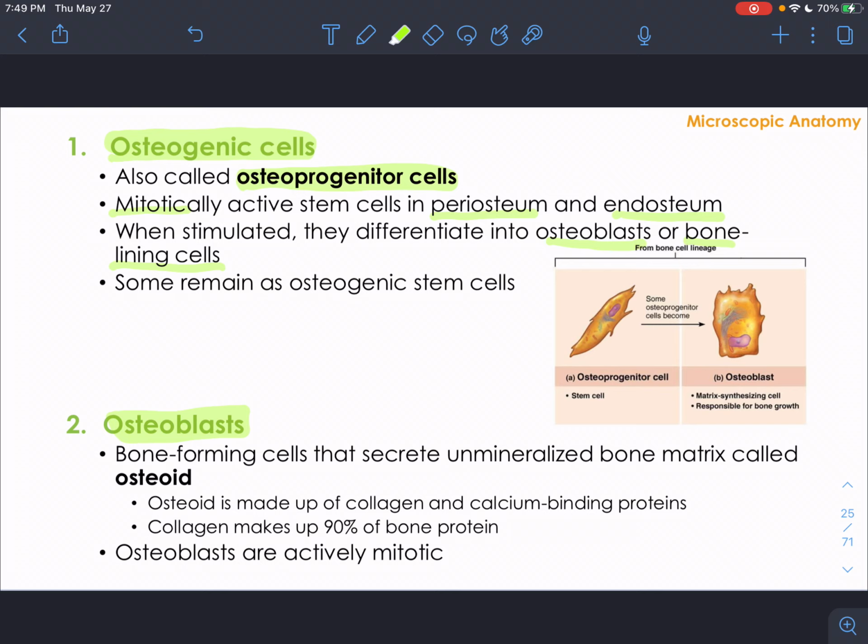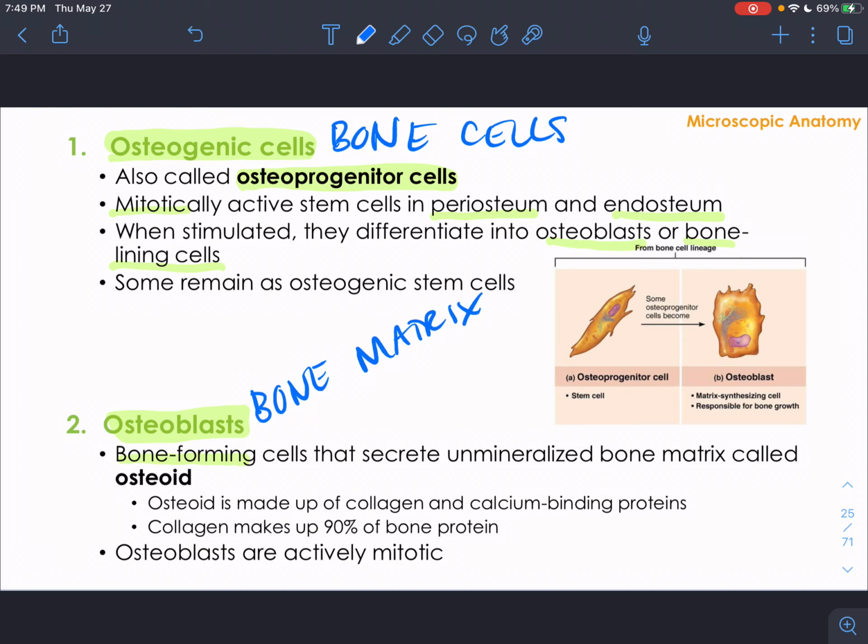Okay. Osteoblasts are considered bone-forming cells. So osteogenic cells make bone cells. Osteoblasts make the bone matrix, let's call it, which is known as the osteoid. Okay, so osteoblasts are secreting the osteoid.